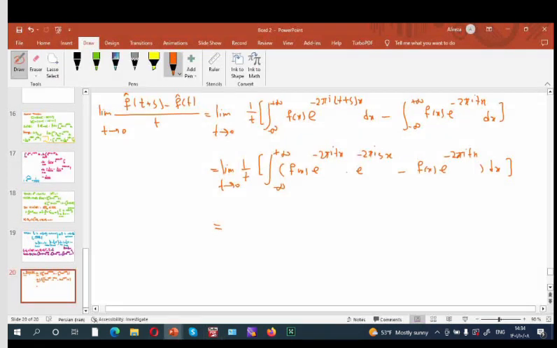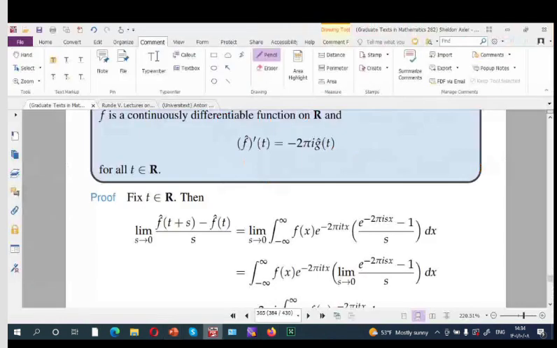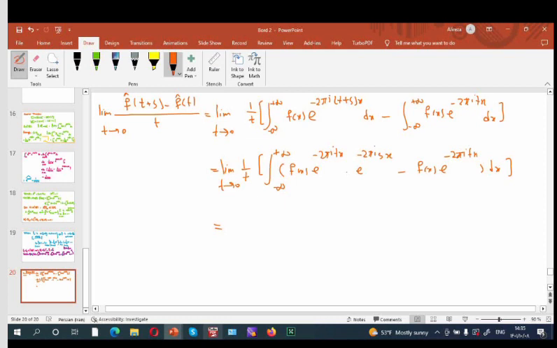Minus 2 pi i x. In the book they use s, s tends to 0. We write the same notation s, and this is equal to this limit.